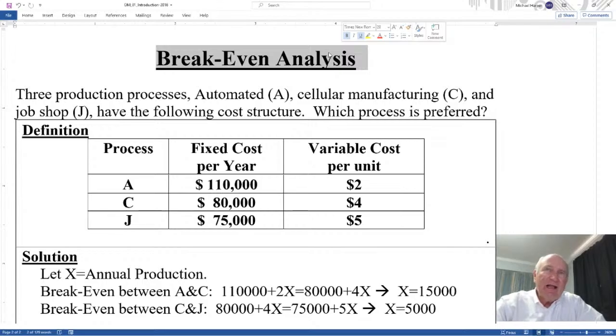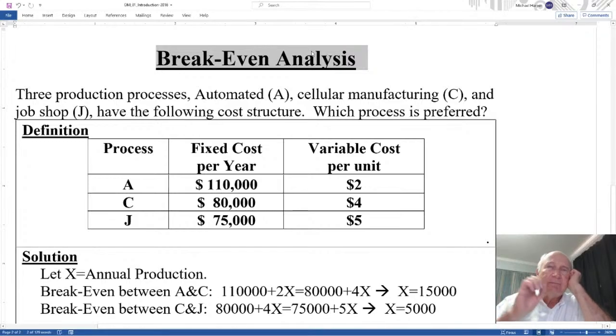Break-even analysis can be applied to different things, and here we're talking about production. But I'm taking this as an opportunity to introduce how to do quantitative methods within operations.